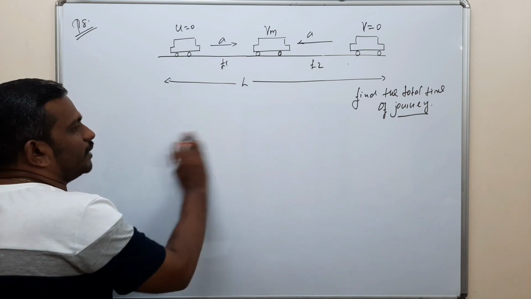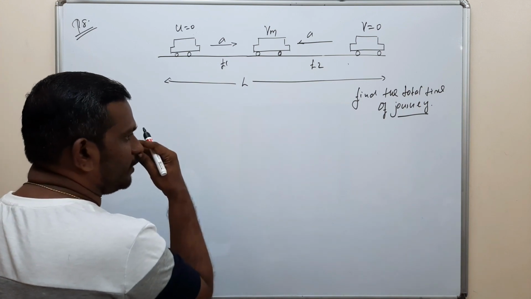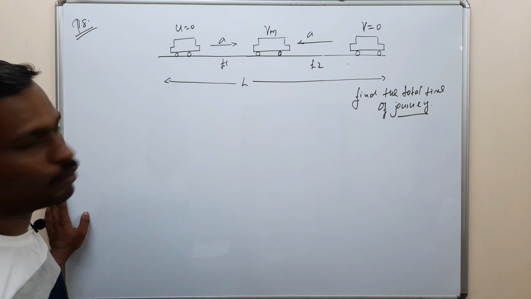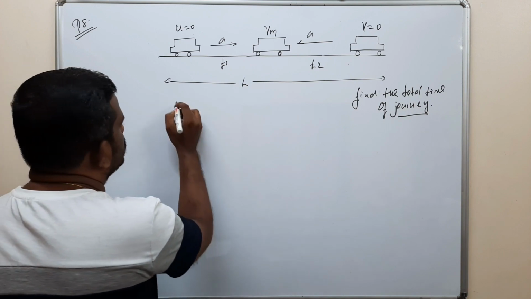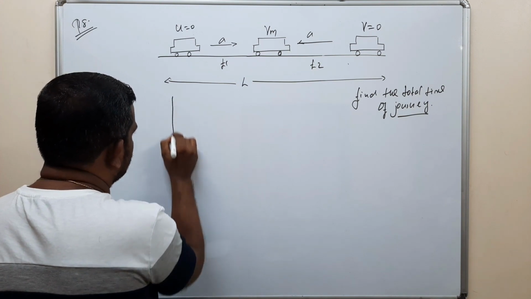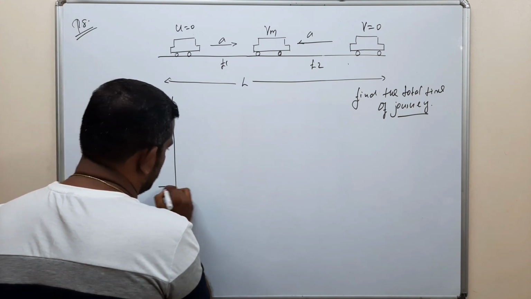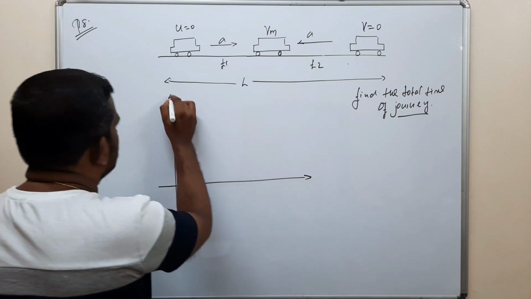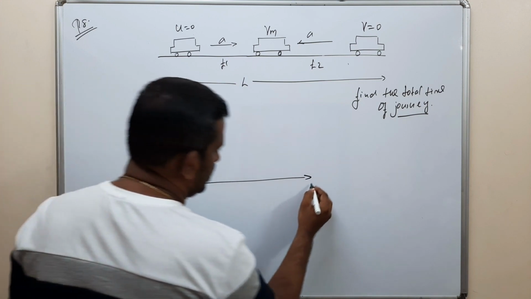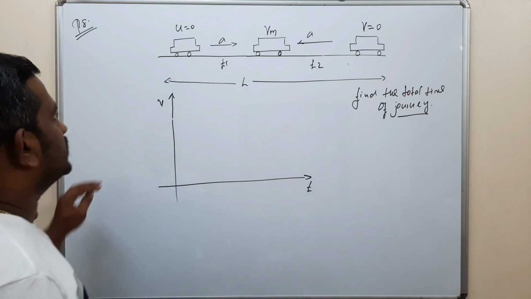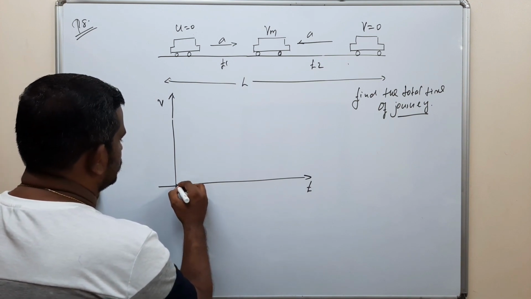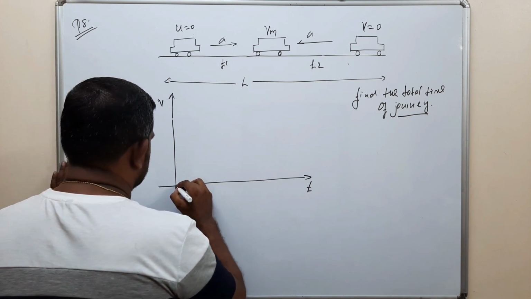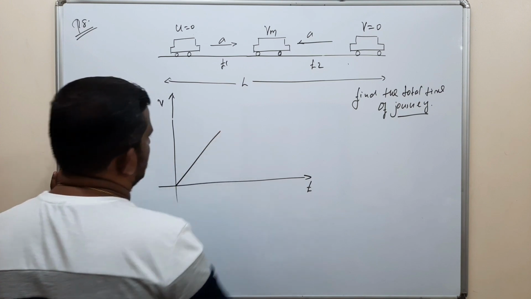Okay, so I am going to draw a graph. Using the graphical method we are going to find the total time of journey. I am going to draw the velocity time graph for the journey of the car. So at time t is equal to 0, the car starts from rest, that is velocity is equal to 0, and then it moves with constant acceleration.